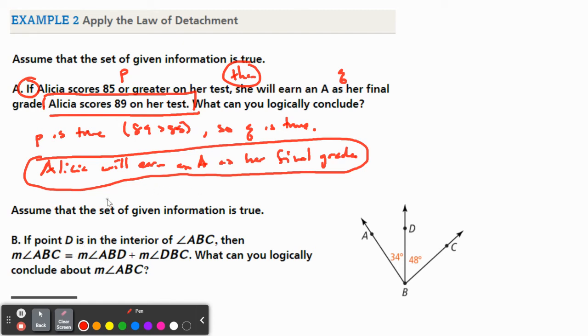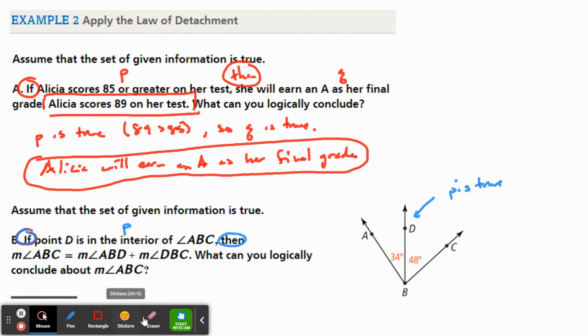Okay, next, again, it says assume that the set of given information is true. If point D is in the interior of angle ABC, then the measure of angle ABC equals the measure of angle ABD plus the measure of angle DBC. What can you logically conclude about the measure of angle ABC? So this has this picture. This is the if-then. D is in the interior, and if you look here, D is in the interior. So P is true based off this picture.